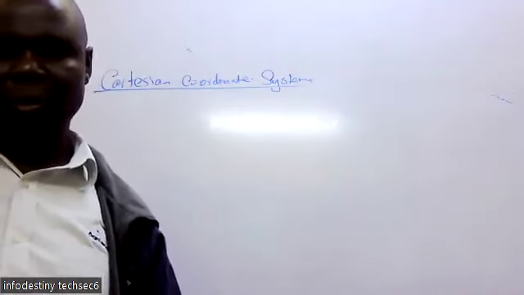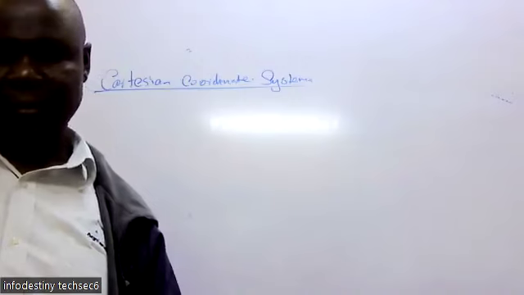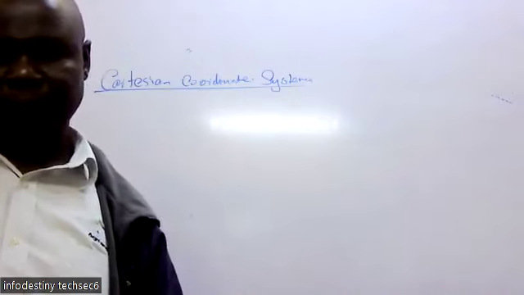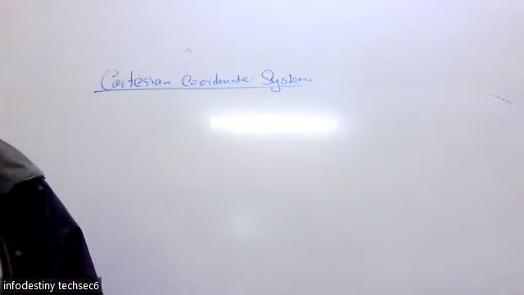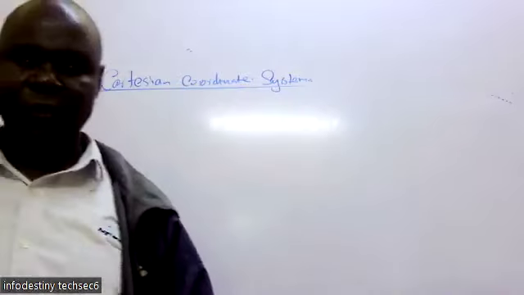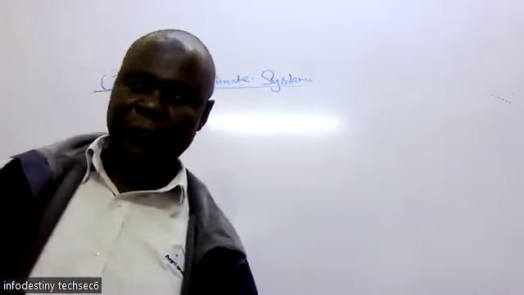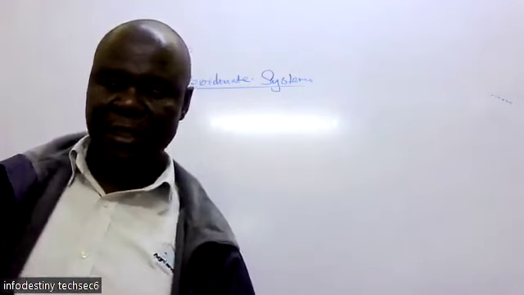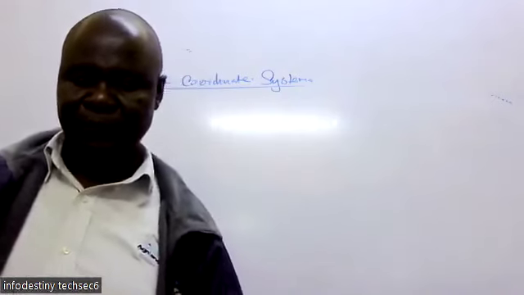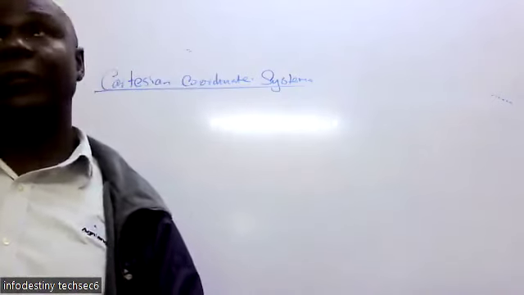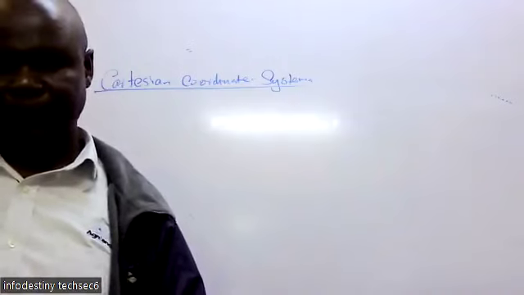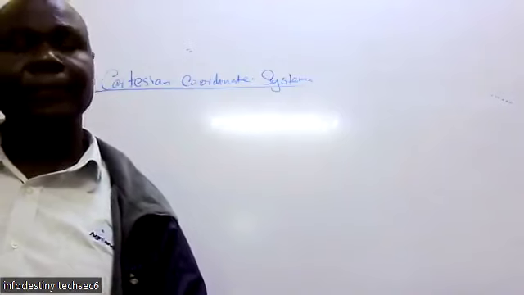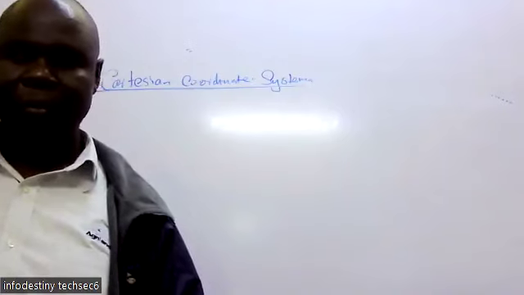This line is called the y-axis. The point of intersection of these two lines equals 0, or we call it the point of origin.